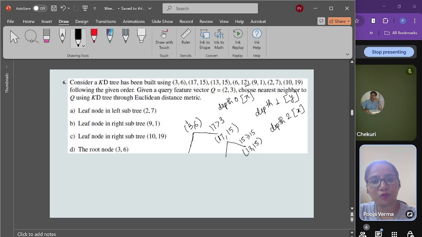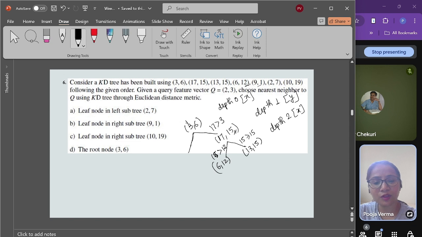6 and 12, here again 6 is greater than 3, so it will come to the right side. Now we need to compare the 12 and 15, right? Here 15 is greater than 12, so it will go to the left side. Okay. Now our next value is 9 and 1.